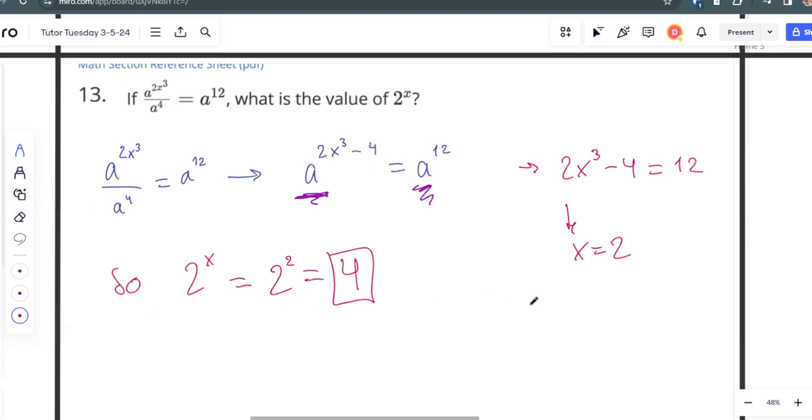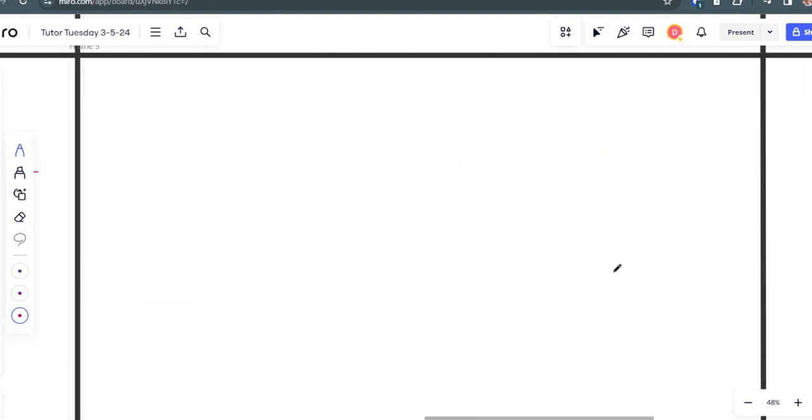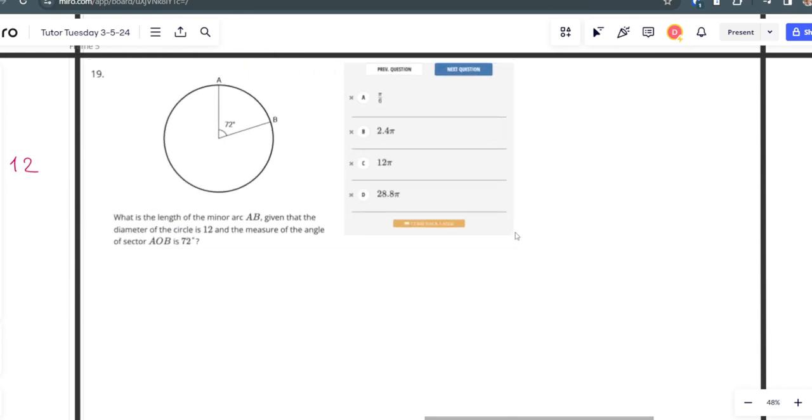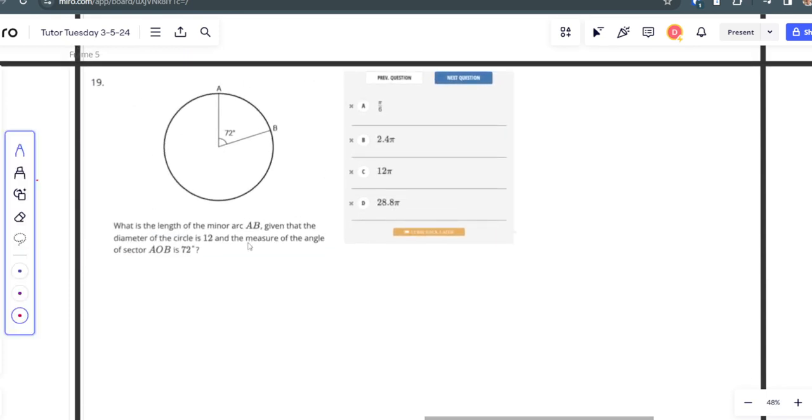Okay. We got more problems here on circles. This one looks interesting. This circle problem is saying what is the length of the minor arc AB given the diameter of the circle is 12 and the measure of the angle of sector AOB is 72 degrees. They probably should have labeled the center here, but it's okay.